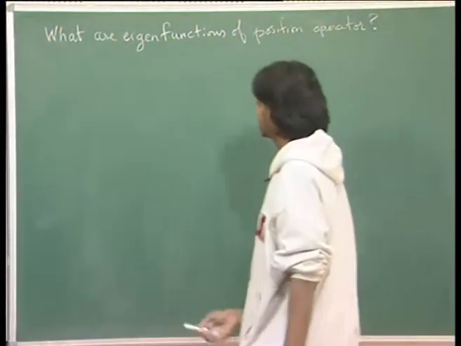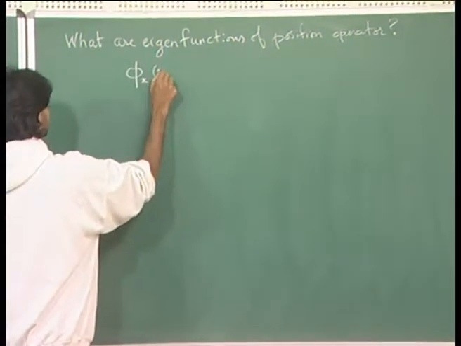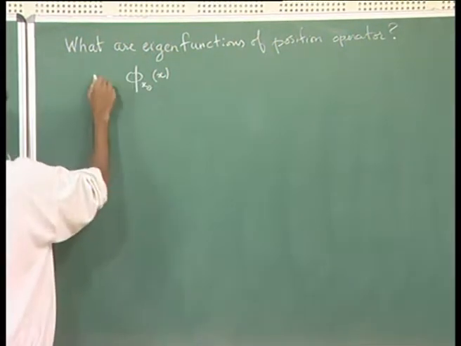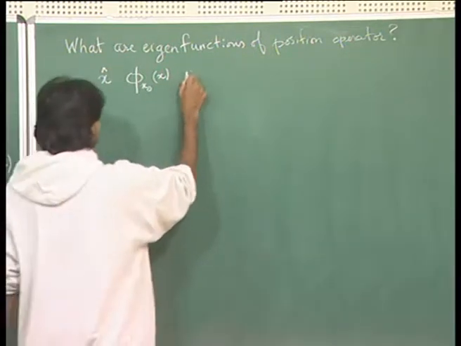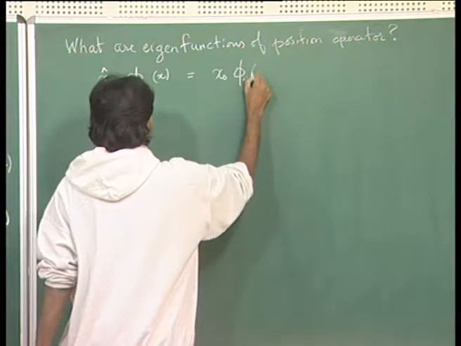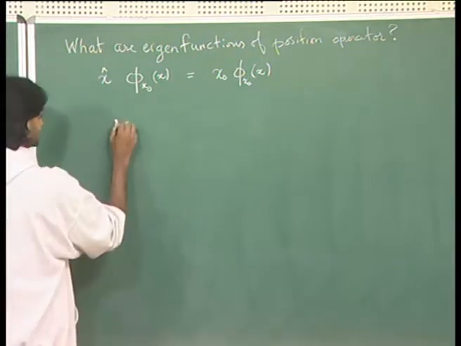Okay. So, then if you have phi x0 of x, you will say x operator on phi x0 of x should be x0 times phi x0 of x. So, this is the eigenvalue equation. Okay. Now, x operator is just x.